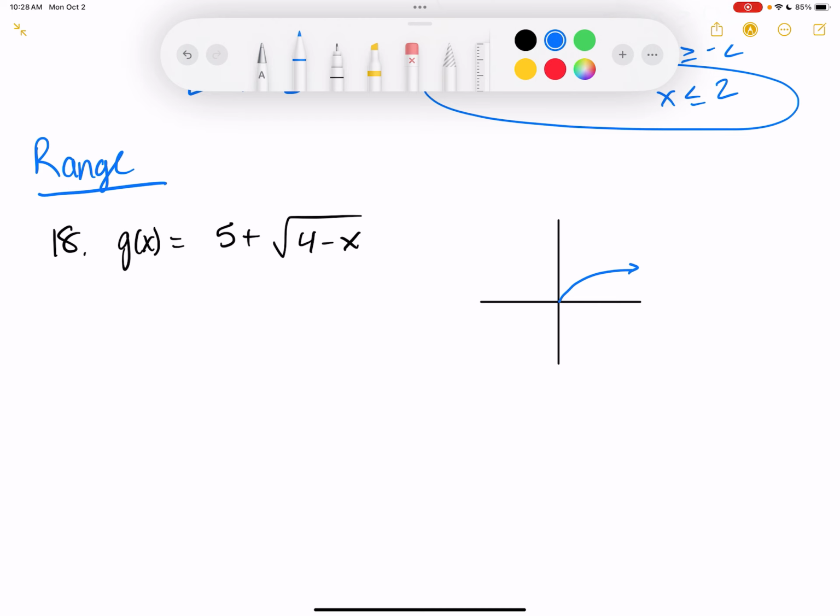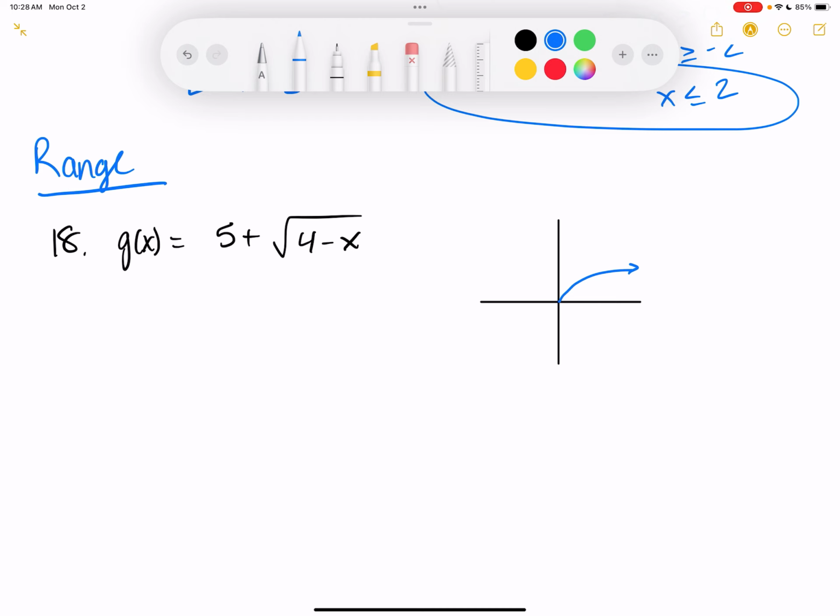So this graph basically was shifted up 5, okay? And I don't really care about anything else because I'm only caring about the range, but I just want you to be able to see it. This was shifted up 5, and this was reflected the opposite way. If the negative was outside the radical, it would be different. It would have flipped it over, I'm pretty sure.